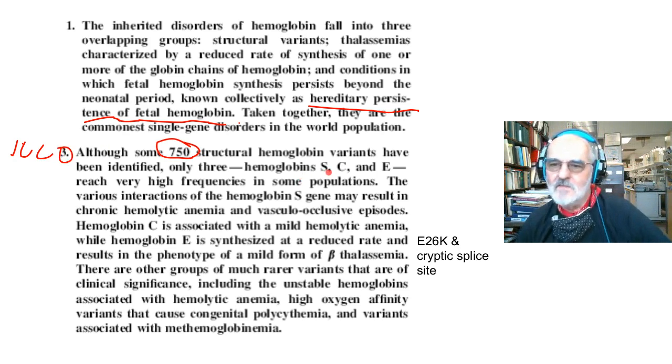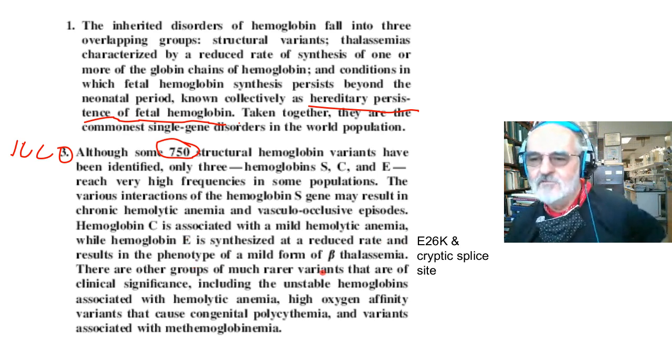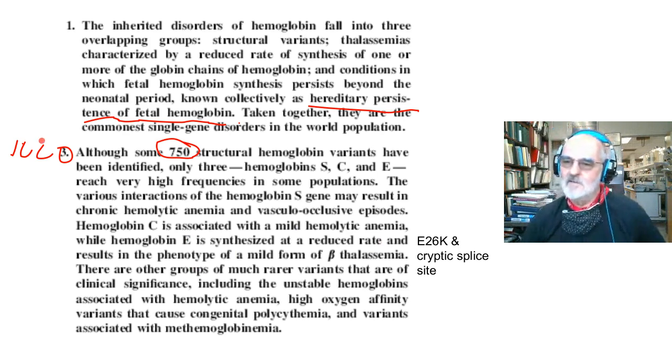And these include hemoglobin S and C. They also mention something called hemoglobin E. Okay, and these mutations may result in chronic hemolytic anemia and vaso-occlusive episodes. That's primarily hemoglobin S. Hemoglobin C is associated with milder hemolytic disease, and hemoglobin E is synthesized at a reduced rate and results in a mild form of beta thalassemia.